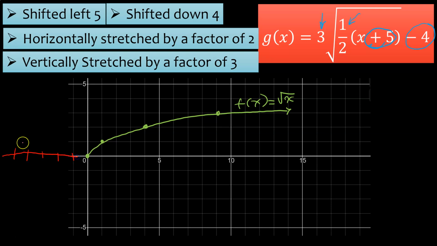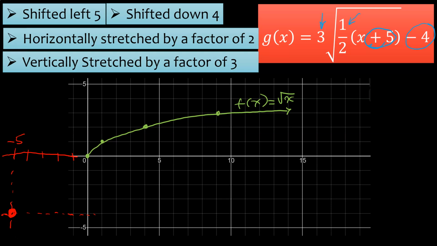So we are going left 5, down 1, 2, 3, 4. And we have the new vertex right here. Okay, so left 5, down 4.